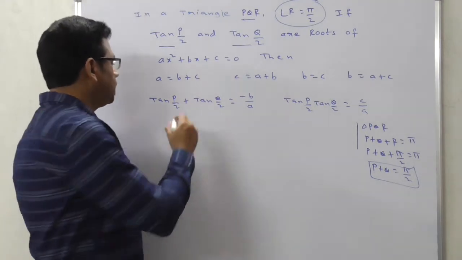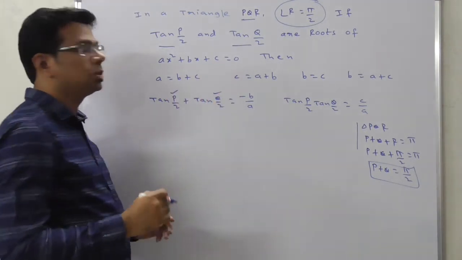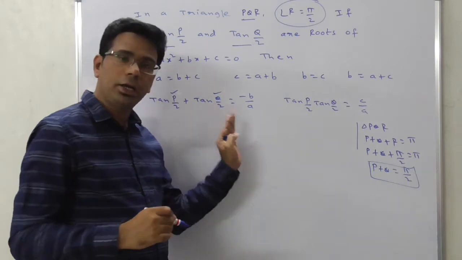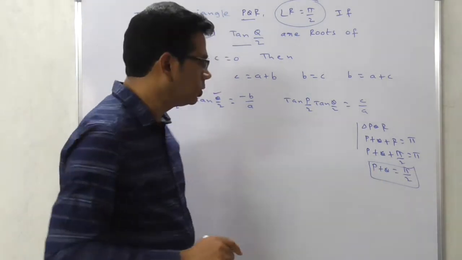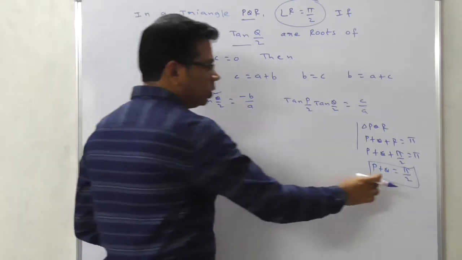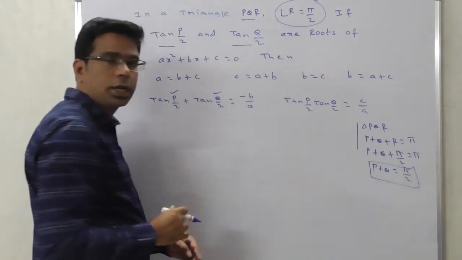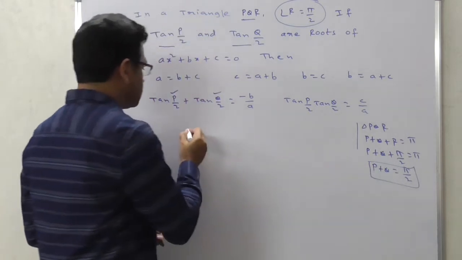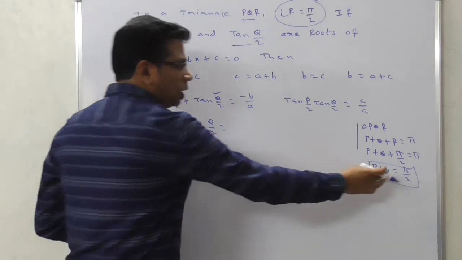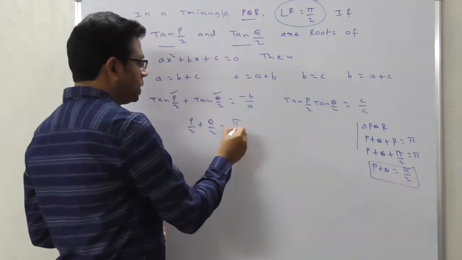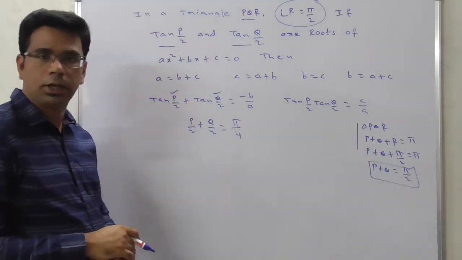Right? But here we have angles in terms of P/2 and Q/2. What is the result here? P + Q = pi/2. So to get P/2 and Q/2, divide by 2 on both sides. If you divide by 2 on both sides here, what do we get? P/2 + Q/2 = (pi/2)/2, that is pi/4. Clear?